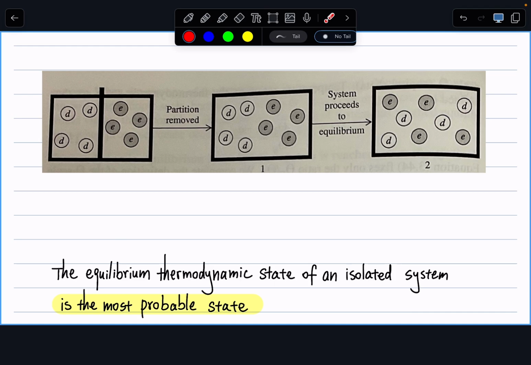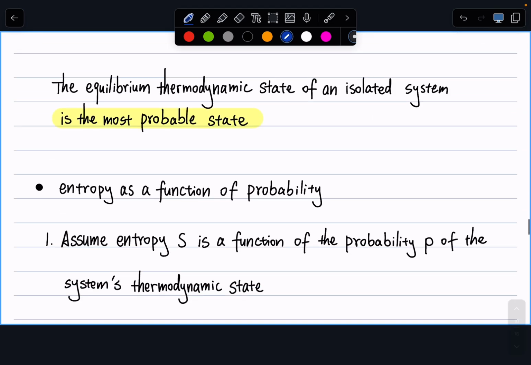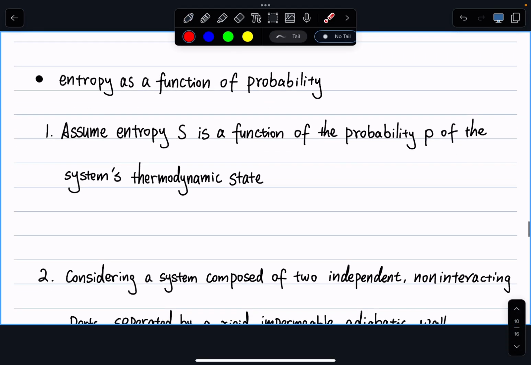And now let's do the derivation with probability and see how we get the same answer. In here, first of all, what is the function of entropy as a function of probability? The way to think about it is, let's just assume we have entropy as some function of probability. This P here is probability.